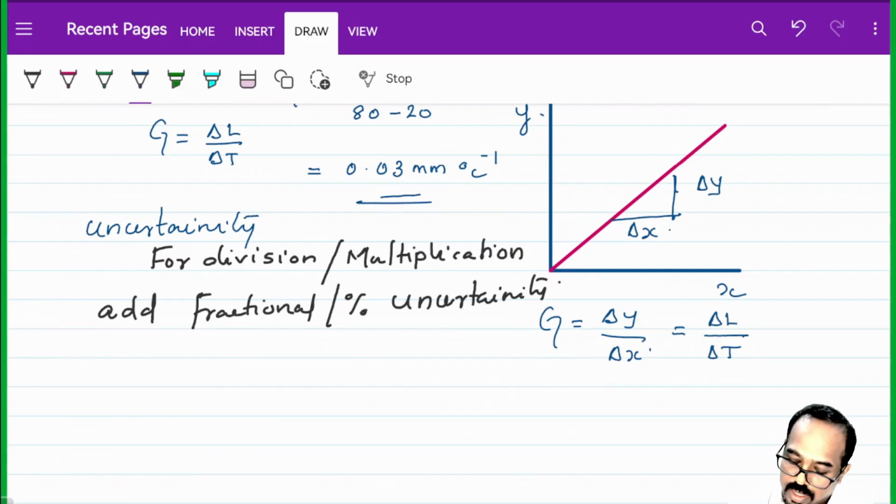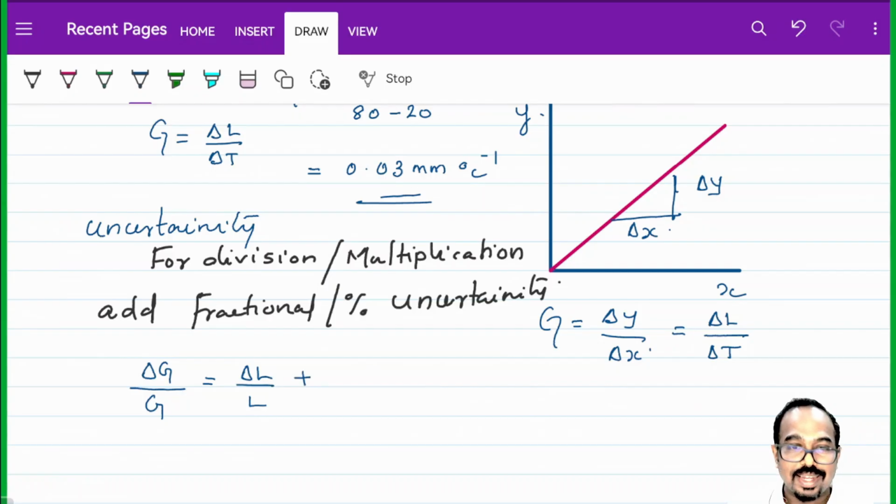So fractional uncertainty, you check for gradient, delta G upon G is the fractional uncertainty, right? Absolute uncertainty upon average value. Equal to, first measurement comes from the length, so delta L upon L plus the second fractional uncertainty in measuring the temperature, so delta T upon T. Is it clear? Now you substitute the values.